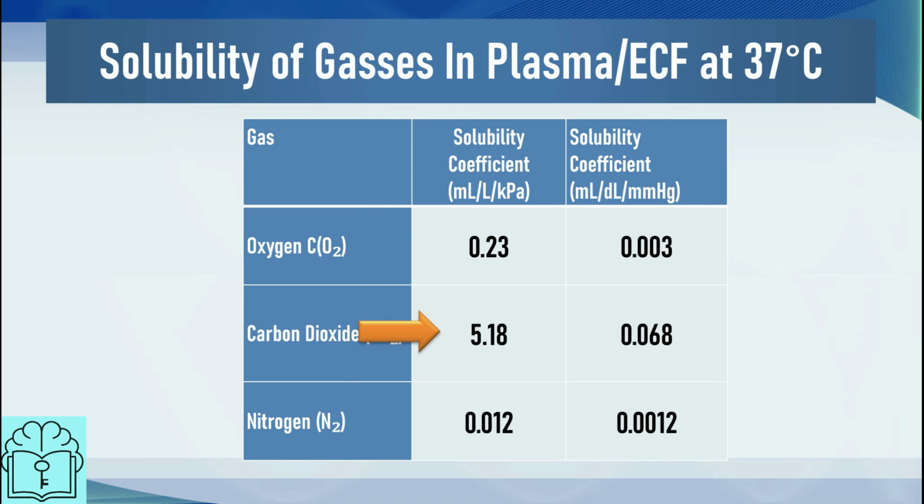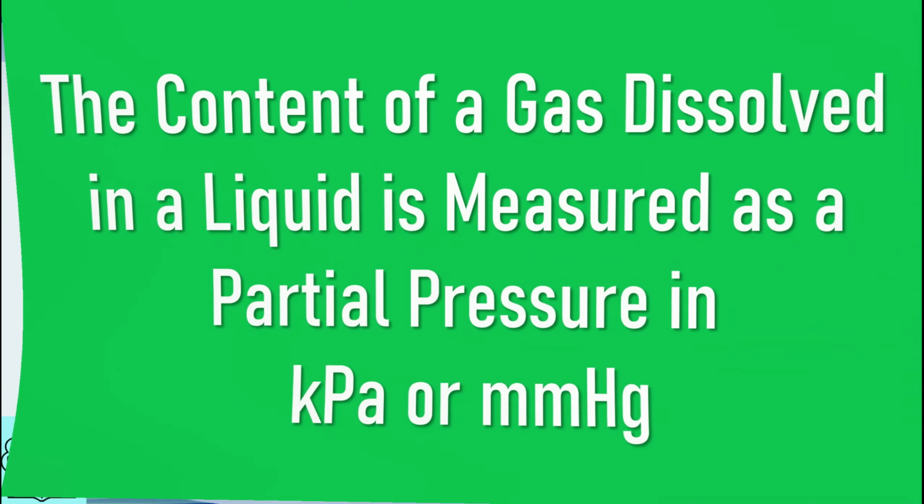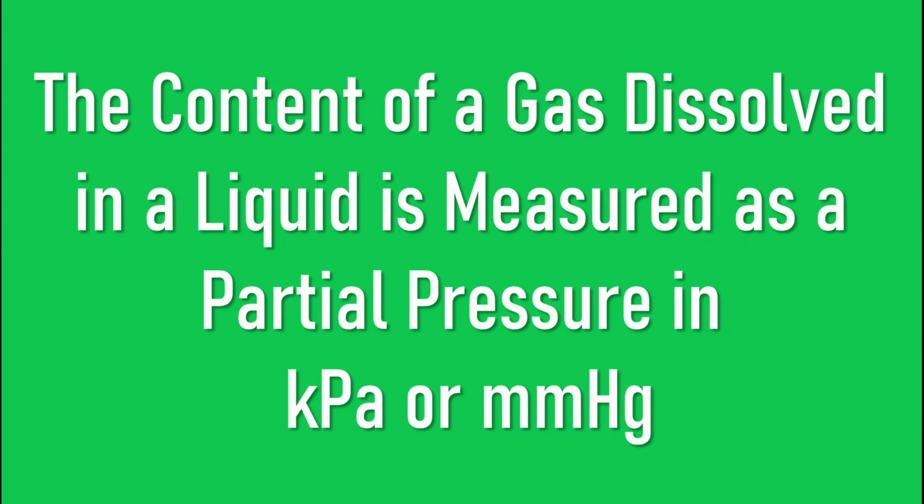At this juncture, I need to make a key point that refers to all gases dissolved in liquid. The content of gas dissolved in a liquid is measured as a partial pressure in kilopascals or millimeters of mercury, not in millimoles per litre.